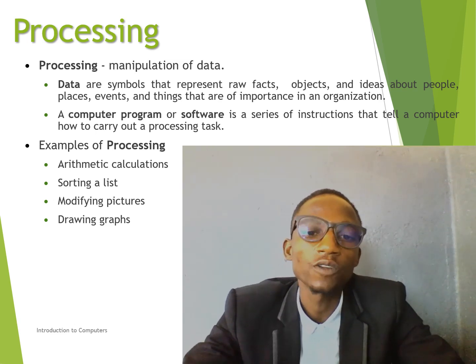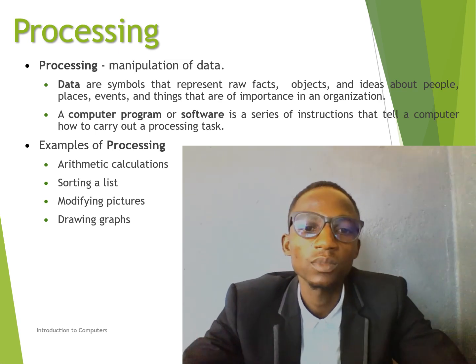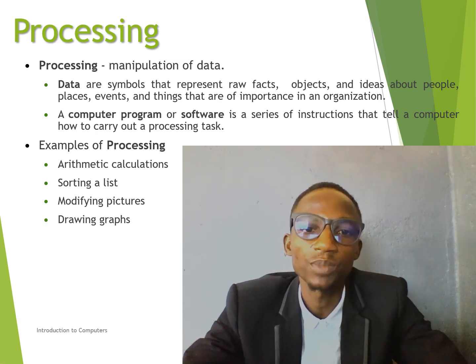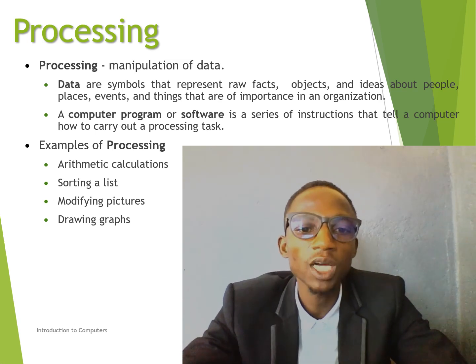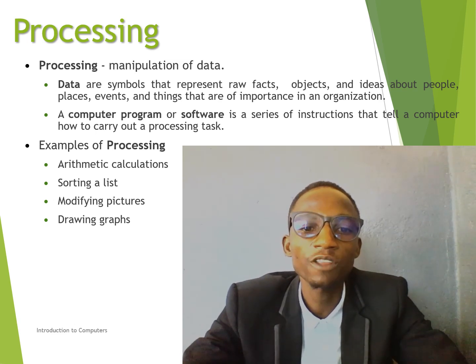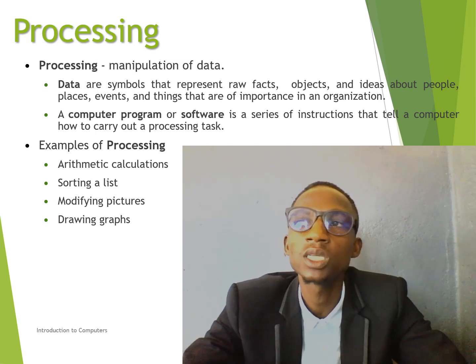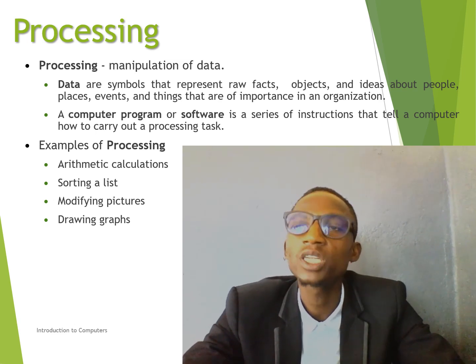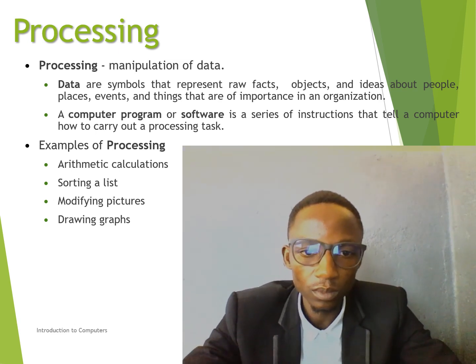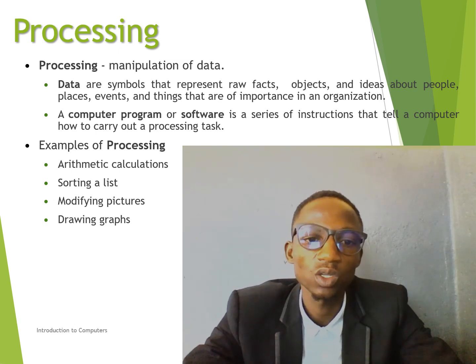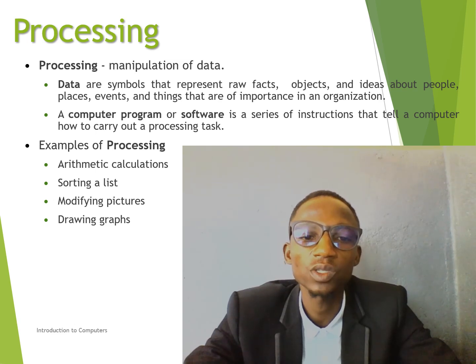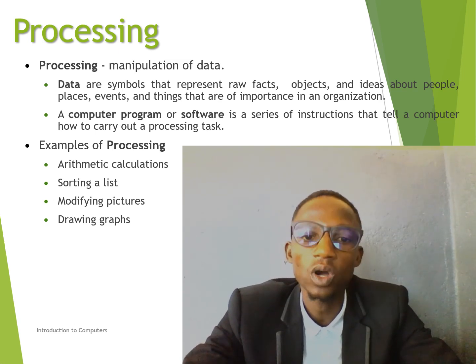So we have got categories of software. We're going to look at them as we start the next chapter. So examples of processing, we have got arithmetic calculations. Arithmetic calculations deal with mathematical calculations, whether logical or arithmetic. They deal with additions, subtractions, multiplication, all things that deal with mathematical operations or calculations.